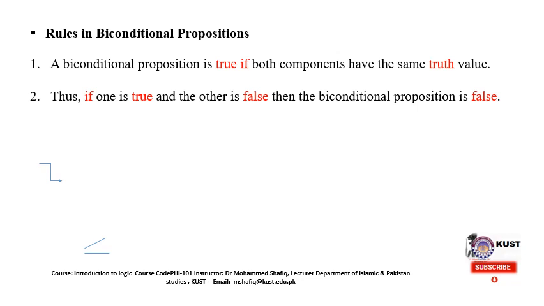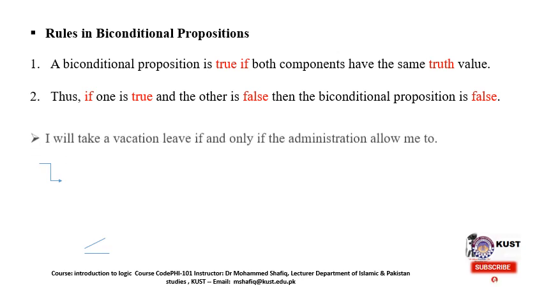A biconditional proposition is true if and only if both antecedent and consequent, or both components of this proposition, are true. In the rest of the three cases, if one is true and the other one is false, or if both are false, then the biconditional propositions are false.